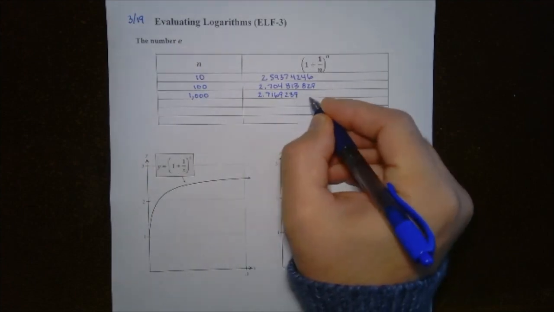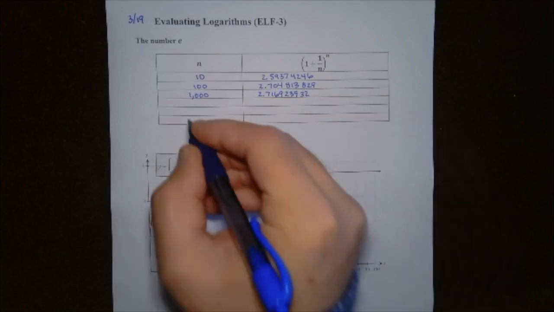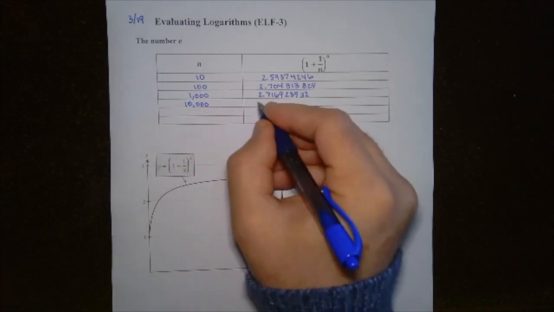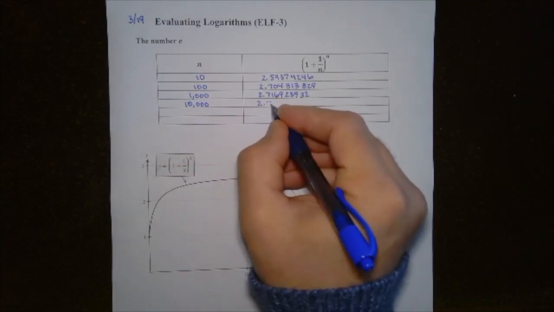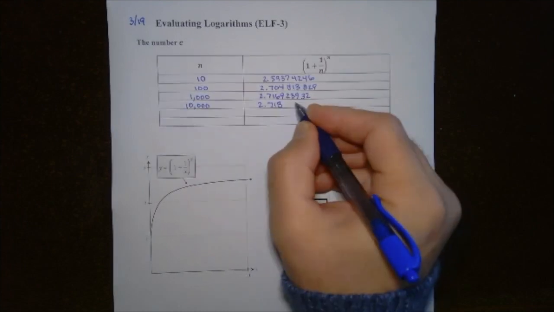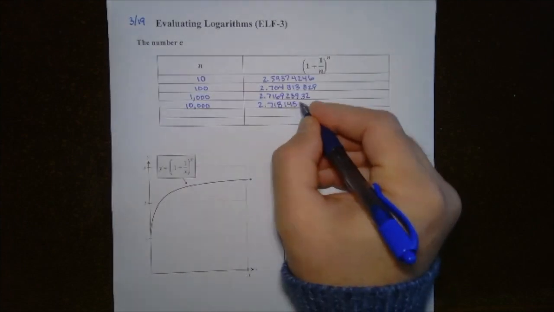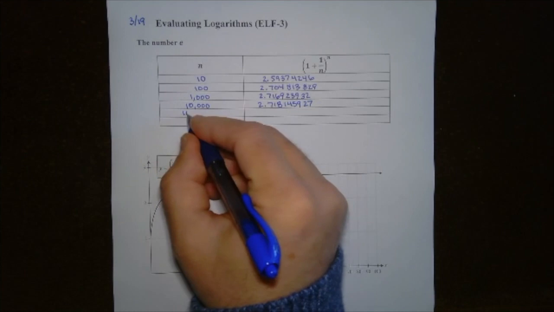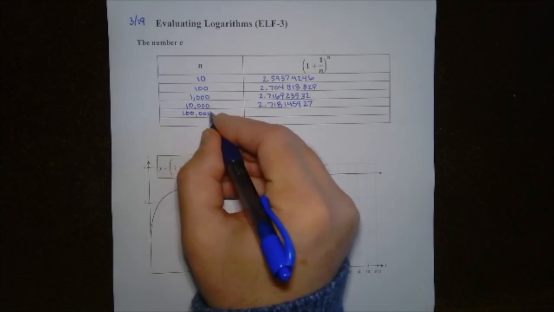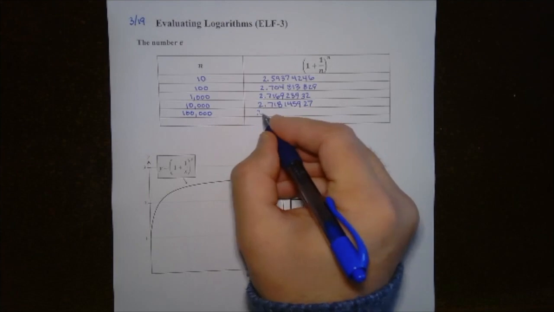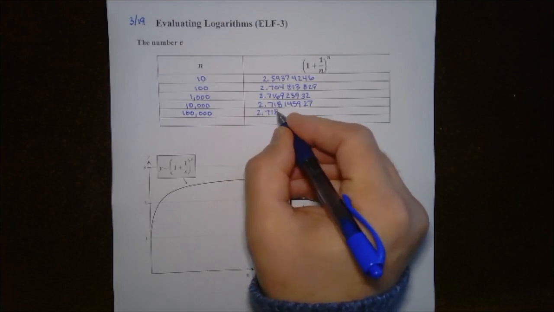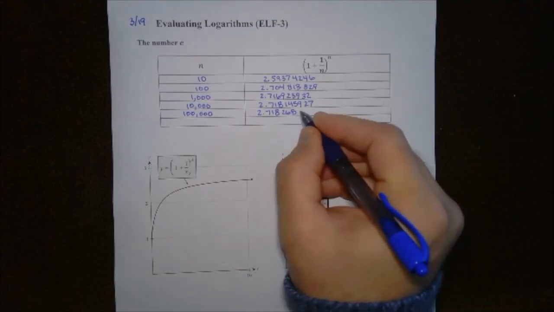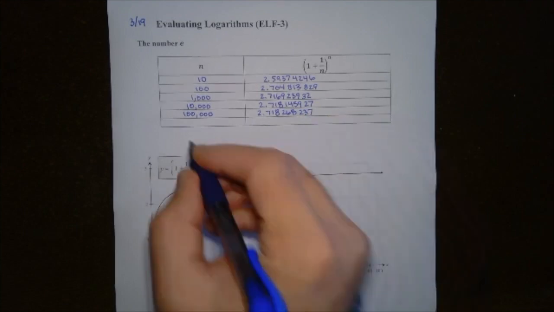And then 10,000 gives 2.718145927, and then 100,000 is 2.718268237, and then finally 1 million.